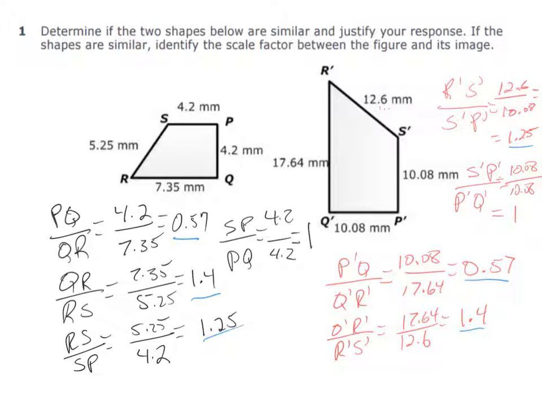Trying to make it as simple as we possibly can, let's take this one, which is PQ, and let's go down here to P prime, Q prime. Okay, so here I'm going to take PQ.